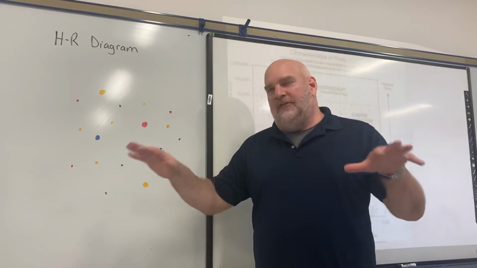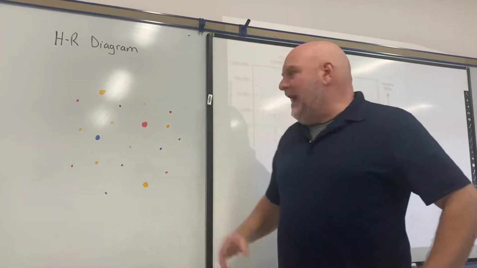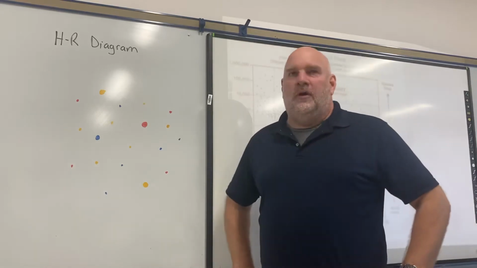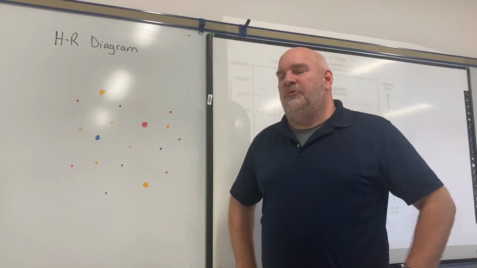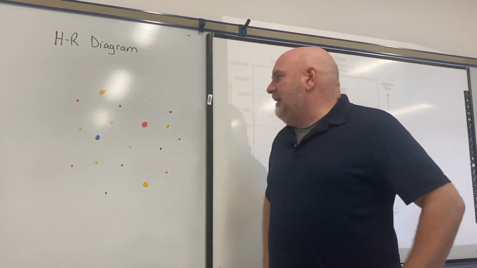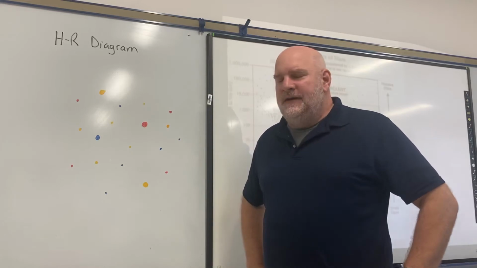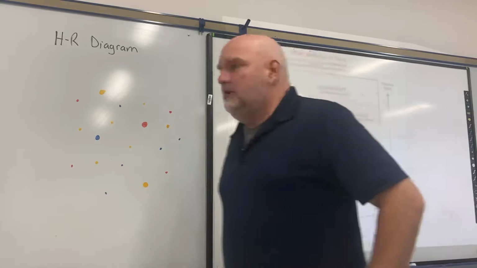They both kind of discovered the same thing at the same time, so they both got credit. So the diagram they came up with is called a Hertzsprung-Russell diagram, and it doesn't really roll off the tongue so easily, so most people just call it an HR diagram now. But it's a diagram that classifies stars based on those two characteristics.